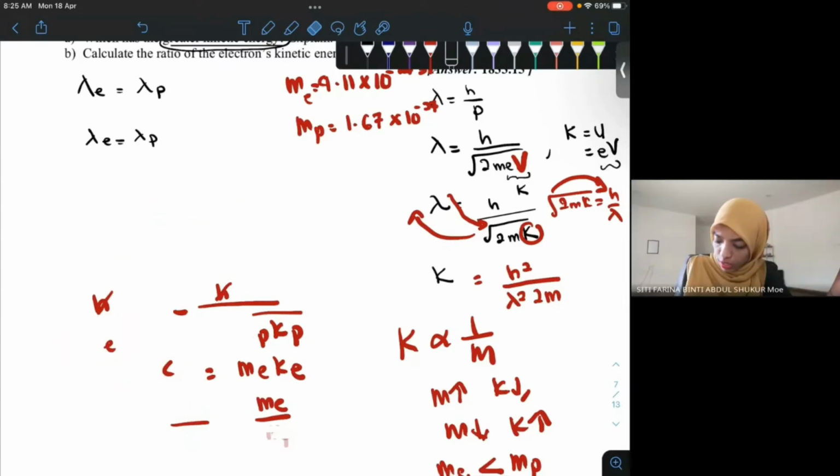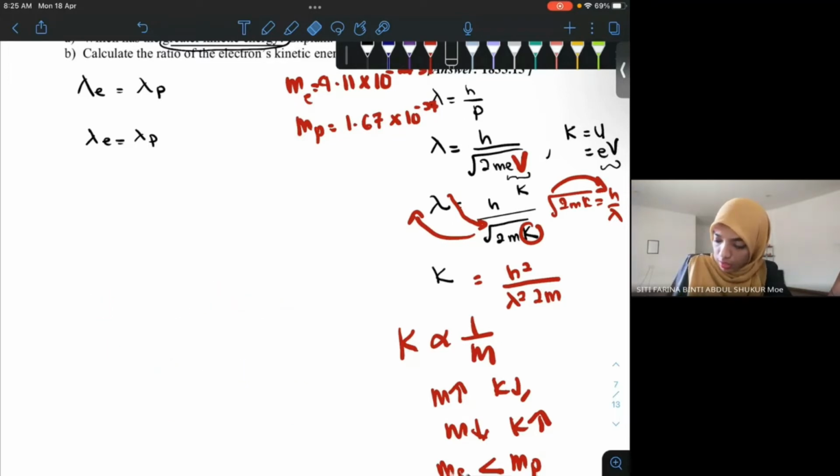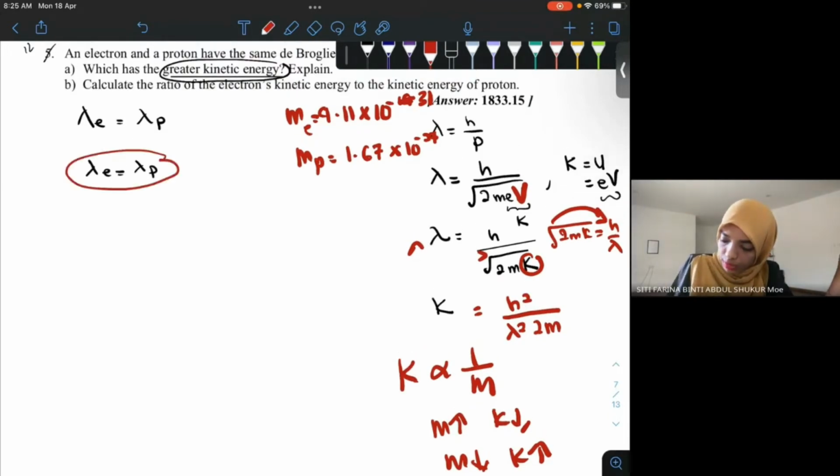Ataupun okay, yang dah faham tak ada masalah, yang masih macam lost, tadi kita come up with this equation, betul tak? Lambda mereka sama and we know lambda is equals to H over square root of 2mK. Ini equation yang kaitkan lambda dengan kinetic energy.